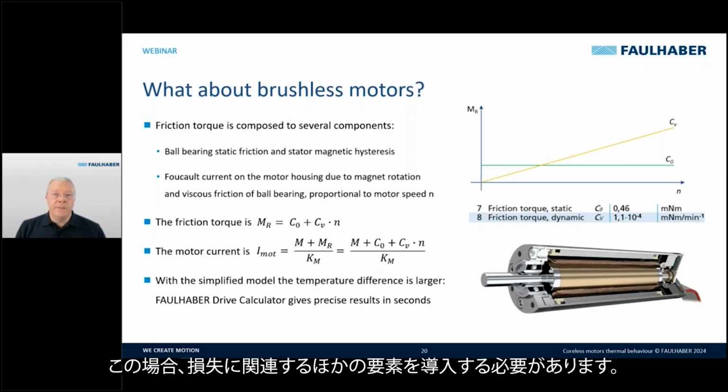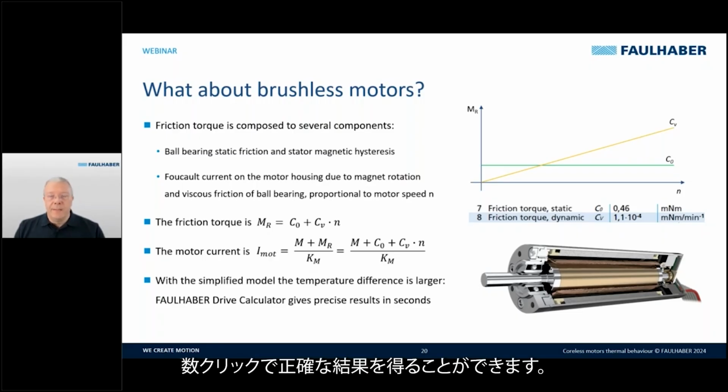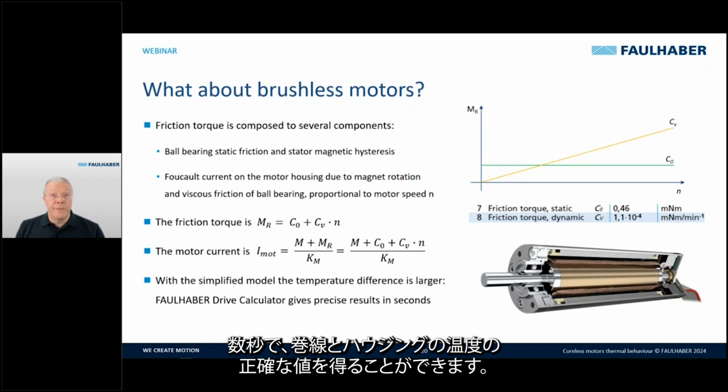We have to introduce some other parts related to the losses in this case, but with the drive calculation tool on our website, in a few clicks, you can get the precise value of winding and housing temperature in a few seconds.